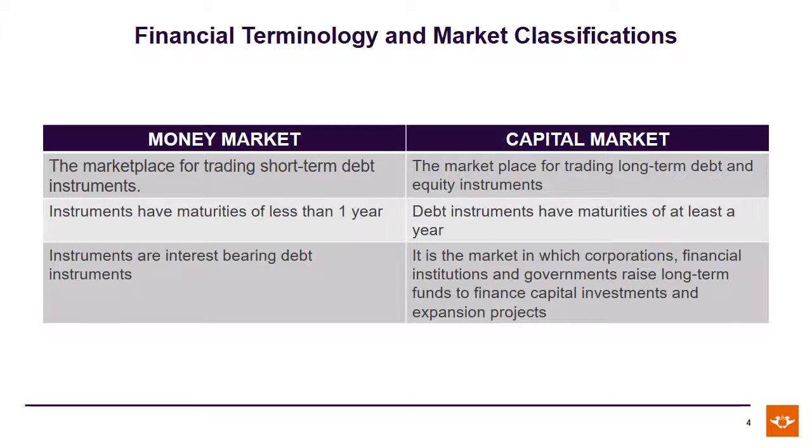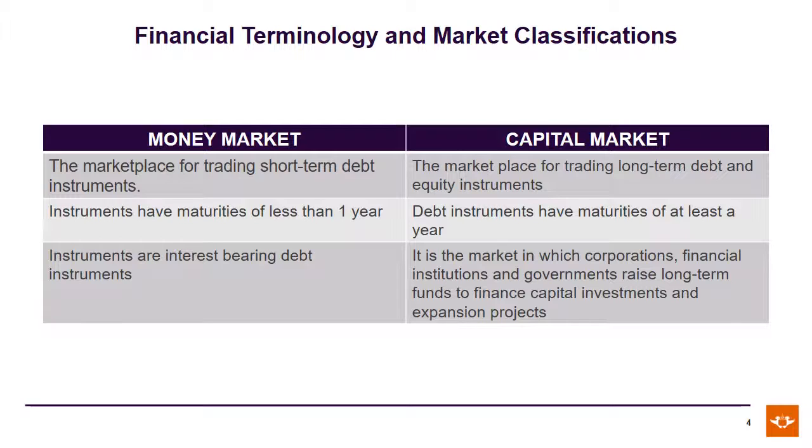We're first going to look at money market versus the capital market. Now, the money market is the marketplace for trading short-term debt instruments. By virtue of its name, it is for easy access to cash. Instruments have maturities of less than 1 year, and they are interest-bearing debt instruments.